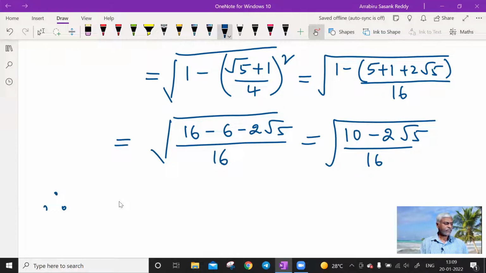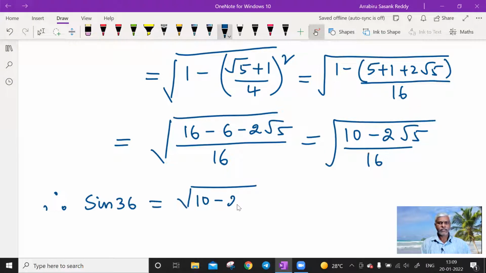Therefore, sin 36 value is under root (10 minus 2 root 5), so root 16 is 4. So this is sin 36.